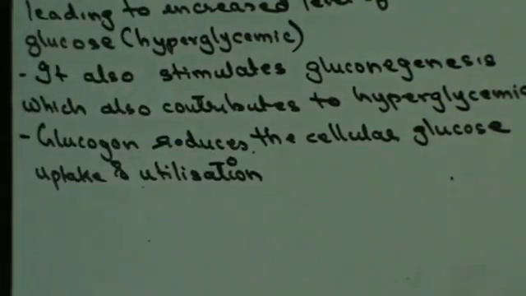Now let's come to the beta cell. The beta cell secretes insulin. Now what does insulin do?